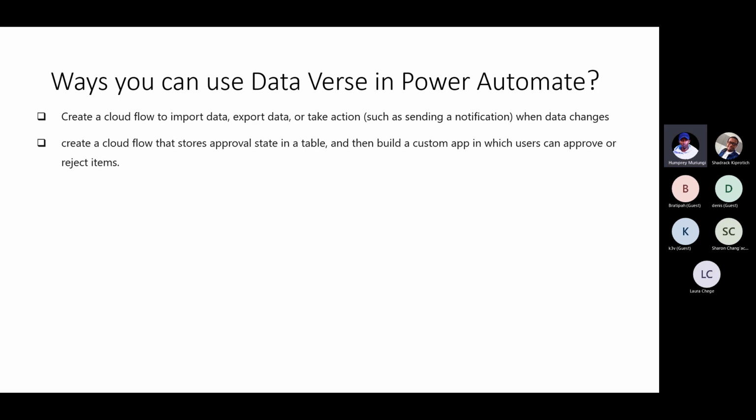When the state of the approval changes, it will update in the table, and then you can use that data to build the custom app so that it will be easily visible to your customers, so that they can see the approved and the rejected items. And also you can show it maybe to your manager, to your program manager.